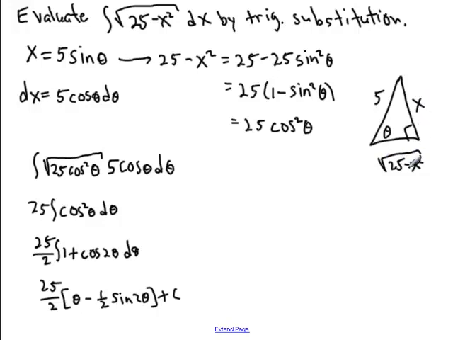Adding the two, the x squareds will cancel, leaving you with 25, which is exactly the square of the hypotenuse. Now, this allows us to find things like the cosine of theta, which would be root 25 minus x squared over 5, the tangent of theta, and even the sine of 2 theta.